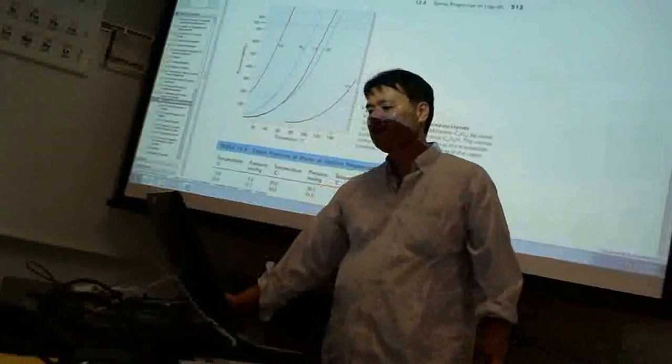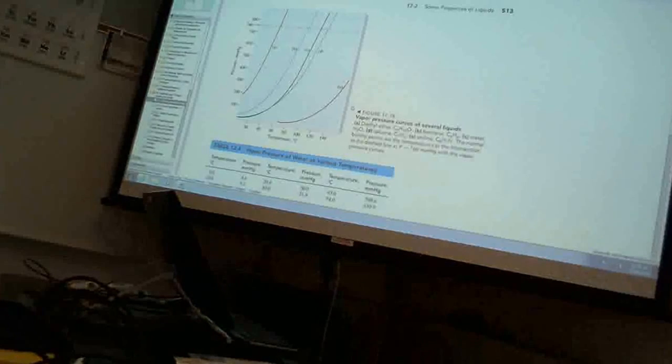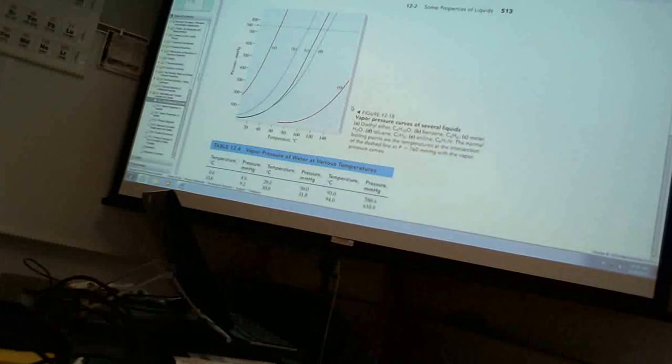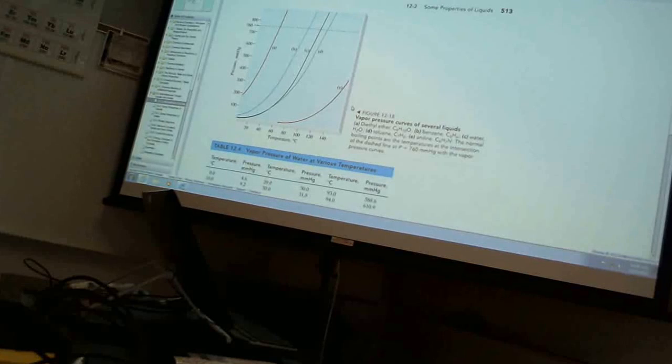it's exponential, it's non-linear. And so when we know one vapor pressure, like for example, for water, everybody should know this: at 100 degrees C, the vapor pressure is 760 millimeters of Hg.